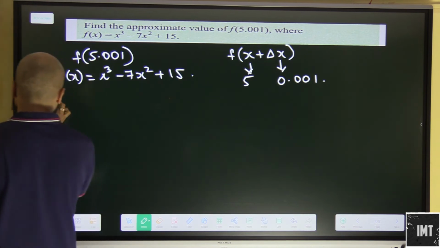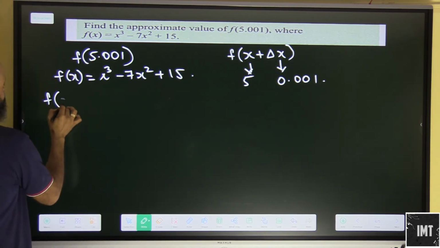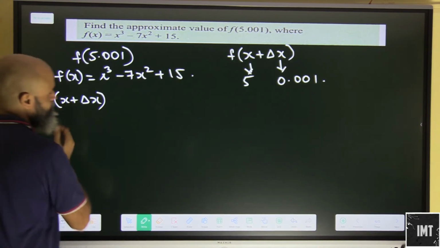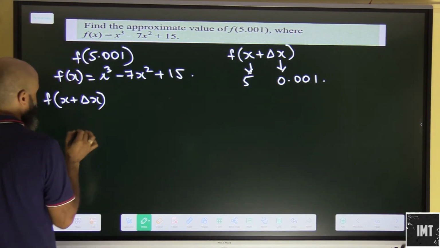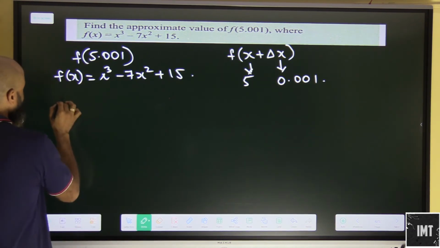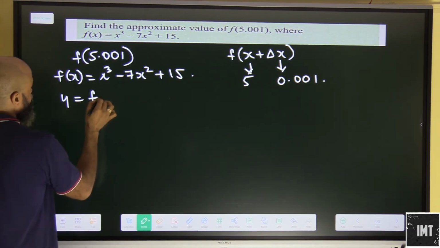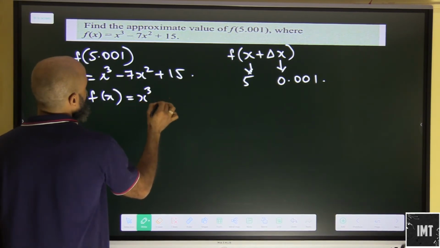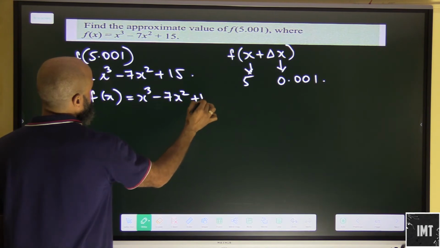Let y is equal to f(x), that is x cube minus 7x square plus 15.